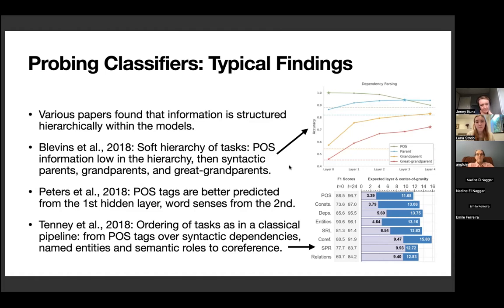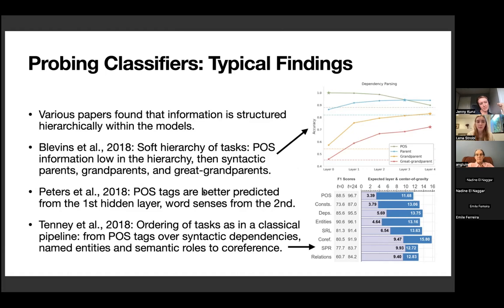And if you go to syntactic grandparents, like the head of the syntactic head, then you need even higher layers. So yeah, there is some kind of hierarchy in the model.